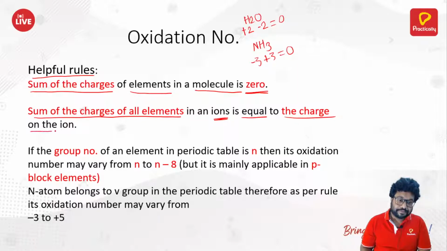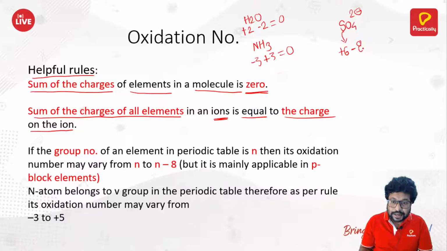For example, if I have a molecule like SO4 2-, the sulfate, it is minus. If you look at the oxidation number here, the oxidation state of sulfur is +6. And you have 4 oxygen. Each oxygen is in what? -2. -2 into 4 is -8.